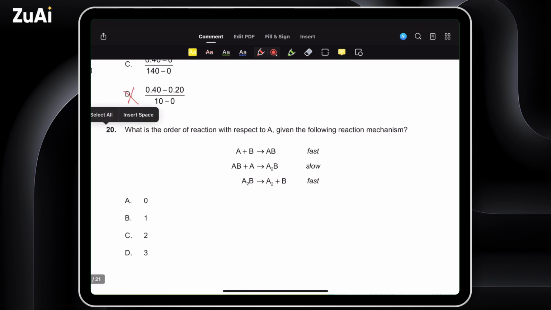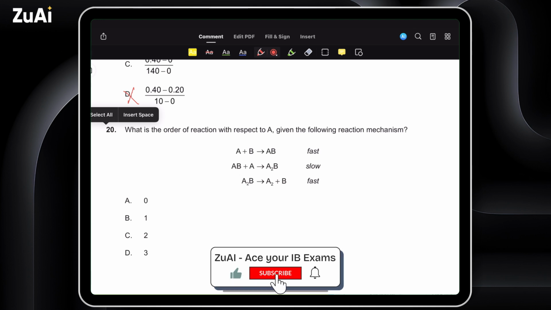What is the order of reaction with respect to A? In the slow step, A is involved.